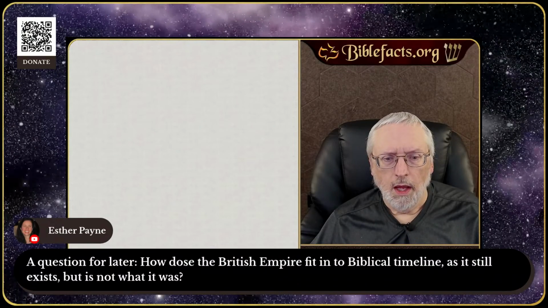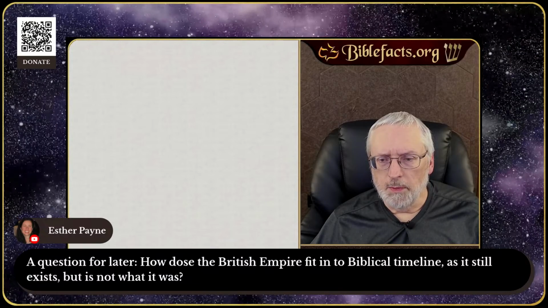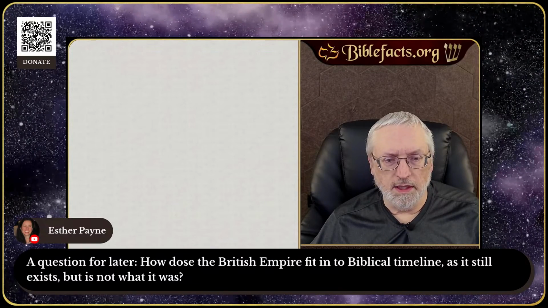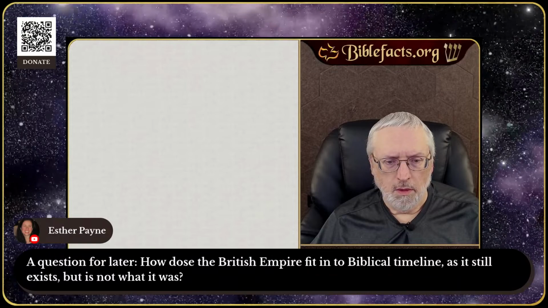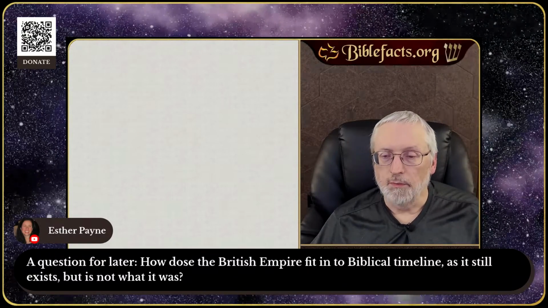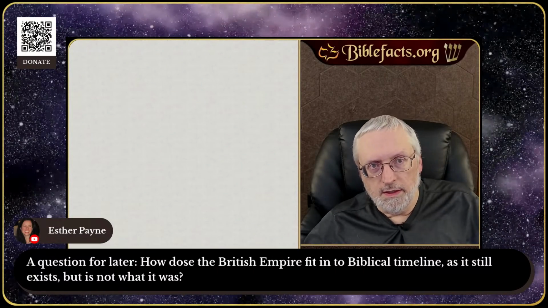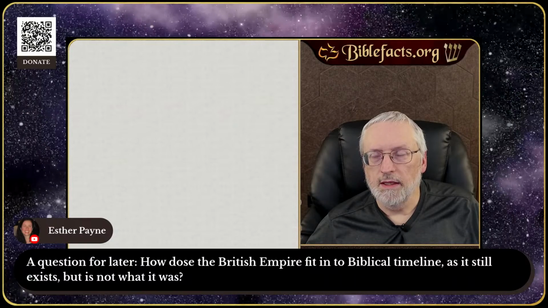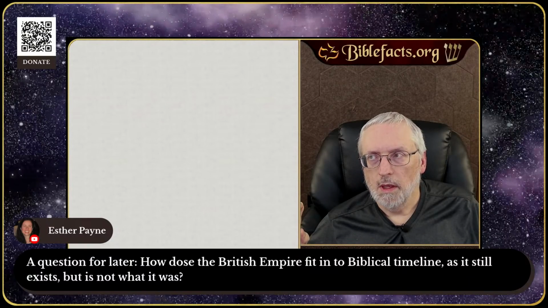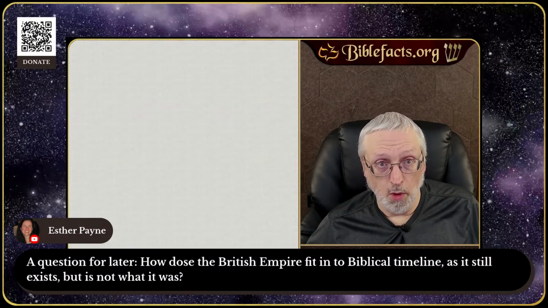Question for later. How does the British Empire fit into the biblical timeline, as it still exists, but is not what it was? Yeah. Basically, as far as it fitting into that particular thing, we see that in Ezekiel 38 and 39, the Gog-Magog war.